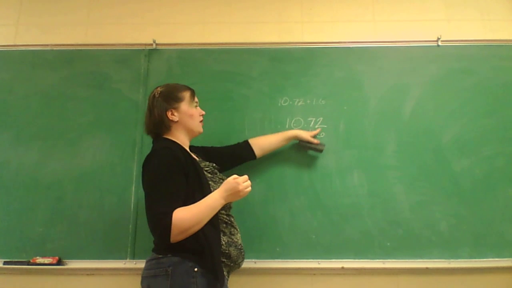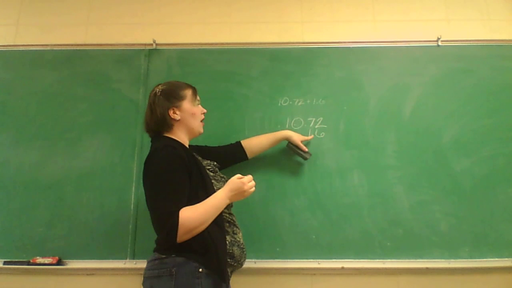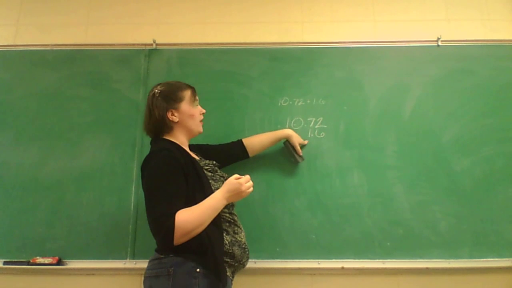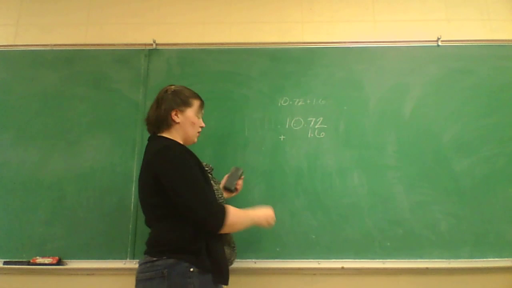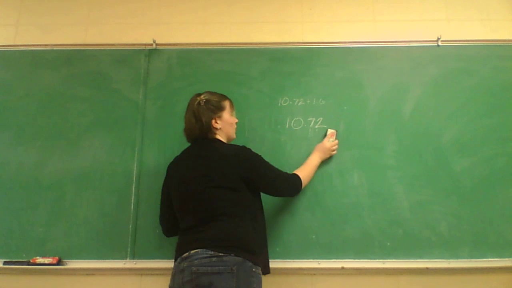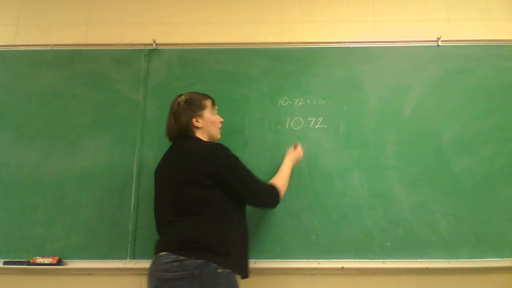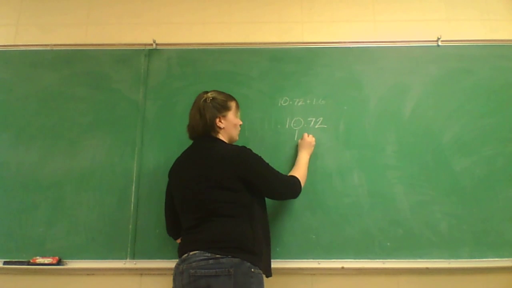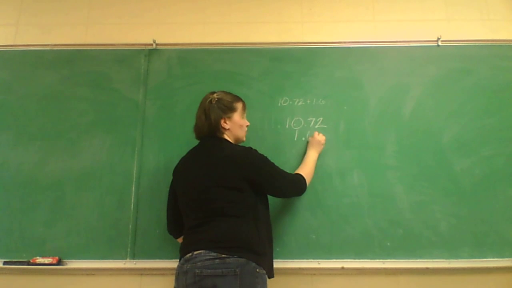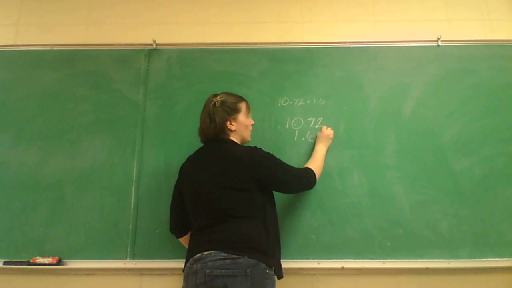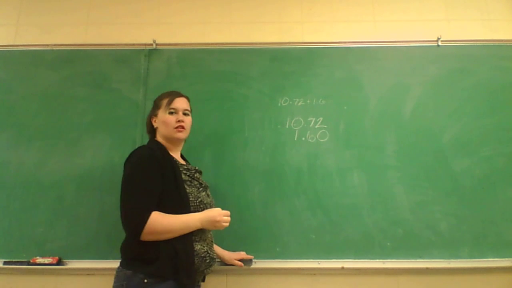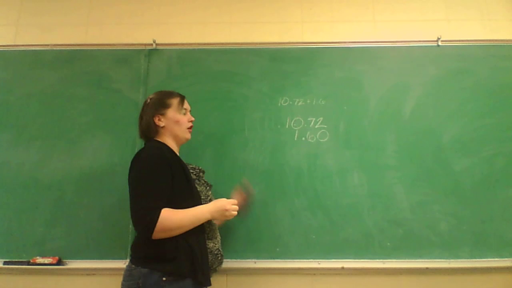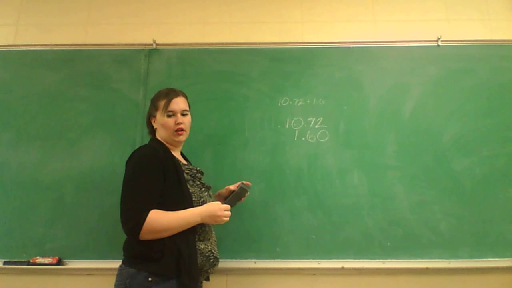You're adding your tenths and your hundredths together, and you can't do that. And then your whole ones with your tenths. So that's wrong. You have to pay attention, and you have to add your ones with your ones place, your tenths with your tenths place, and if you need help to line it up, you can stick a 0 at the end or wherever you need help to align them correctly.